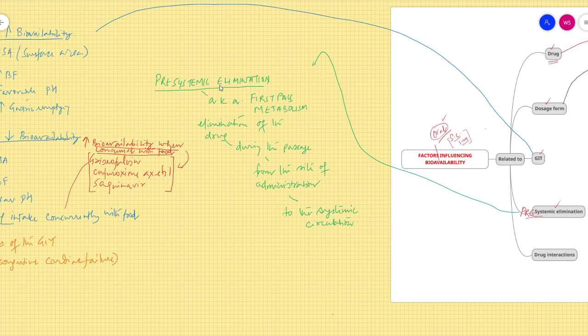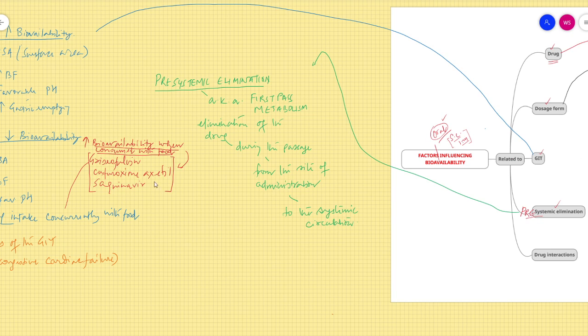Okay, so those processes that do that are called first-pass metabolism. And this concept would hopefully become clear when we look at some examples.